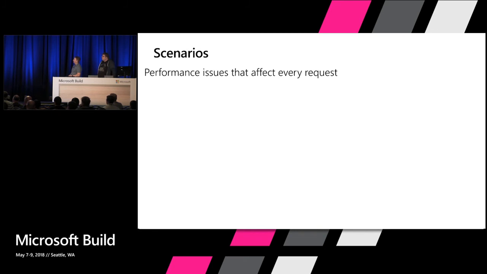So some of the scenarios I want to just think about for a second. One is there's very frequent issues that happen at every request. So let's just say I have slow code paths, or I have expensive transactions, or I have expensive algorithms.